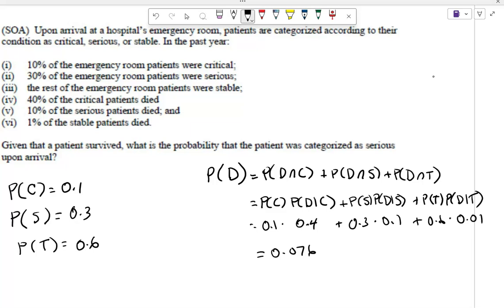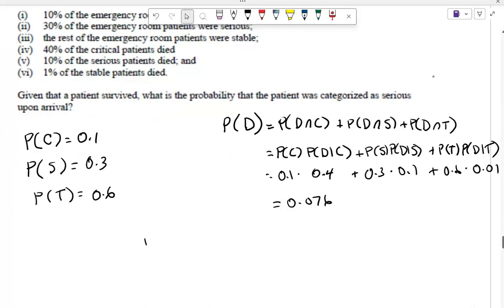Now we can do the other part. We want the probability of serious given not death, right? Probability of survival. That's what it's asking. It says probability they survived. Survived is not death.